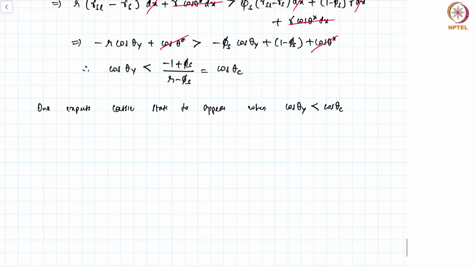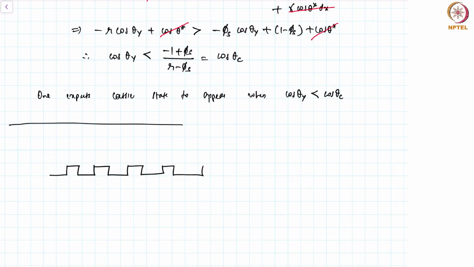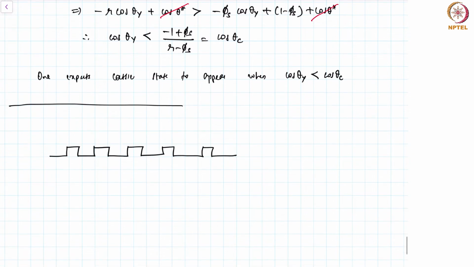Now let's look at the other case, which is called spontaneous wetting. In this case, let's consider a situation where I have a rough surface. We are looking at a case where it is possible to have spontaneous wetting.